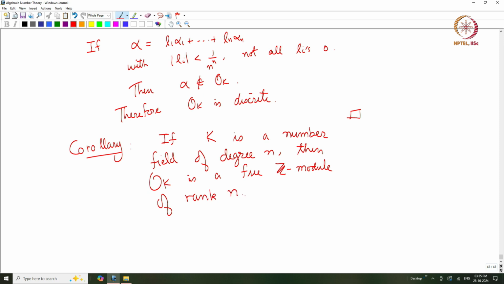Right. So, that is an important corollary we get. This is property 3 of the definition of lattice, and so we get this from 1 and 2. Okay. Now, we have a lattice.